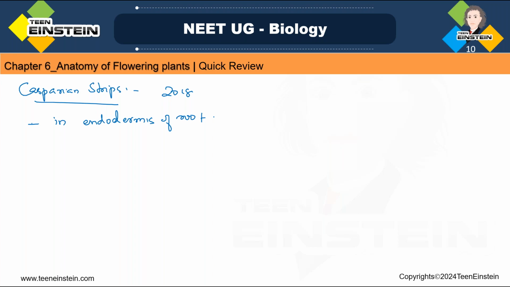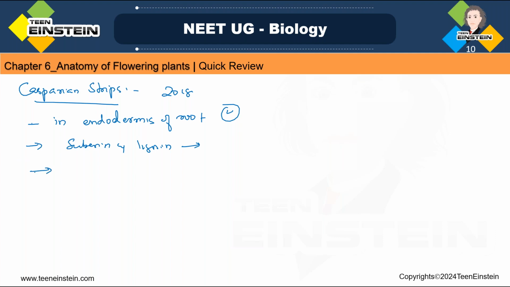One important point: this Casparian strip is made up of suberin and lignin. So this is one question where you can see the endodermis of root.